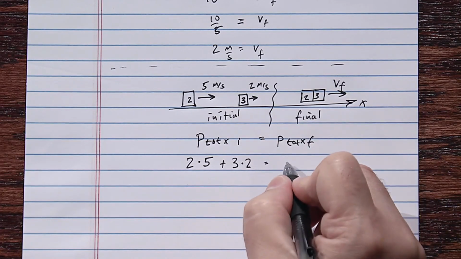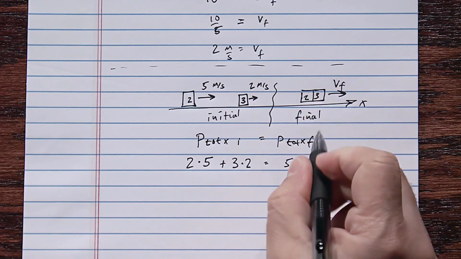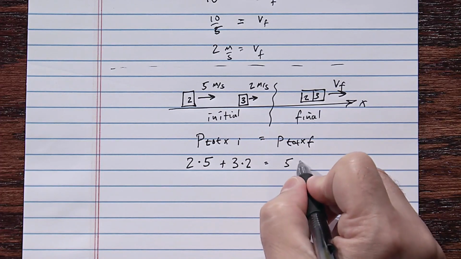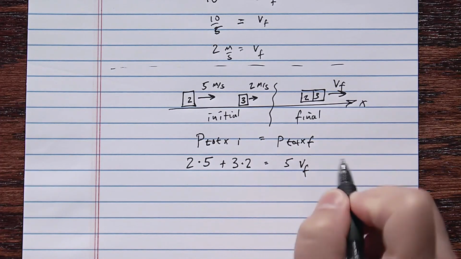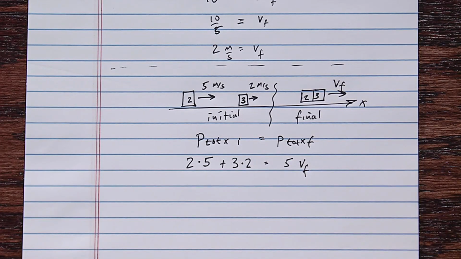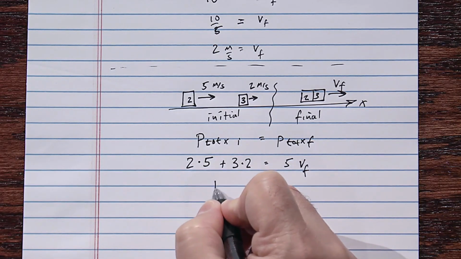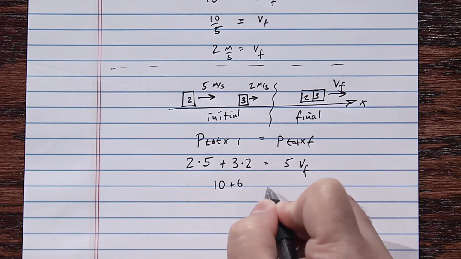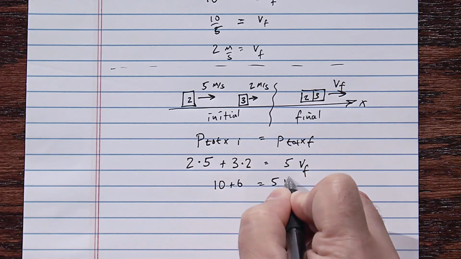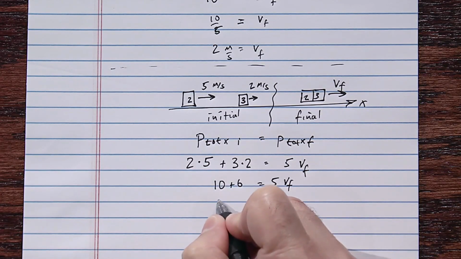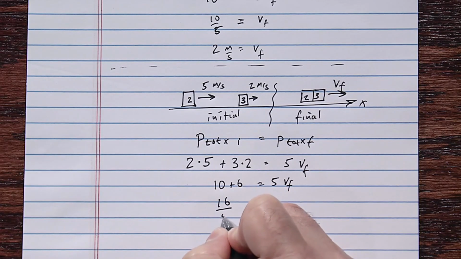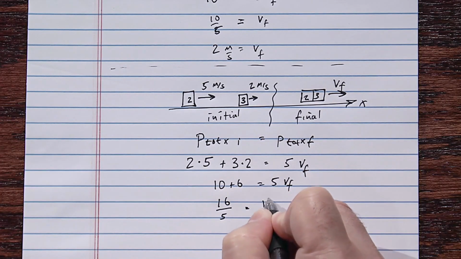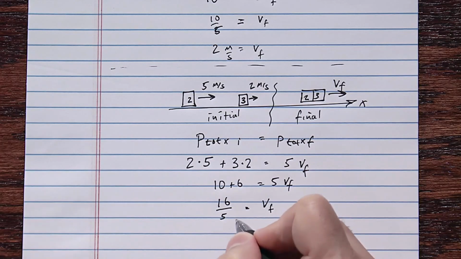And that, in the end, is equal to 5 kilograms of mass moving at V final, or 10 plus 6 equals 5 V final, or 16 divided by 5 is equal to V final.